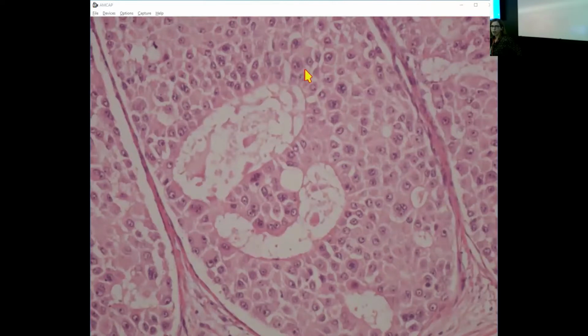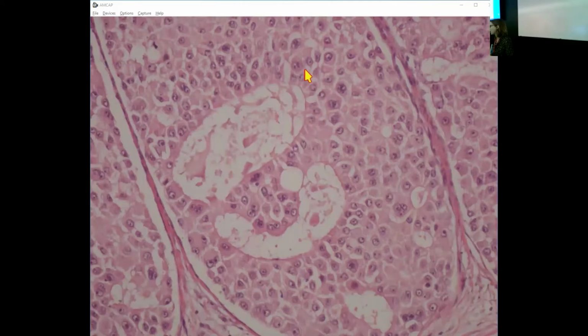If I have architecture, so in solid proliferations where I have that differential diagnosis, if I can see areas of polarization or microacinar formation, so if morphologically on H&E I have architectural features that point me in the direction of DCIS and that I'm confident about, then generally I don't use the markers. I find the times where I struggle the most are where it's a solid proliferation and I just can't tell.